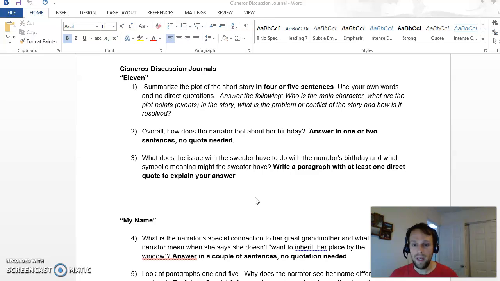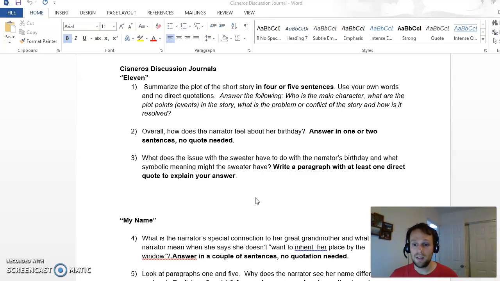We have to think that this conflict is about more than just the sweater and more than just who the sweater belongs to. And that's why we have the third part of the question: what symbolic meaning might the sweater have?